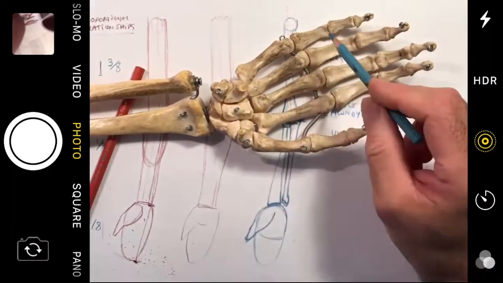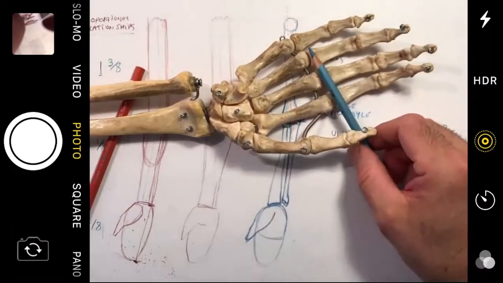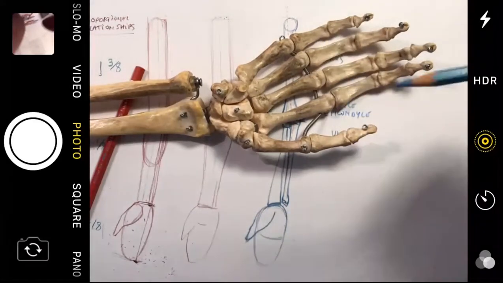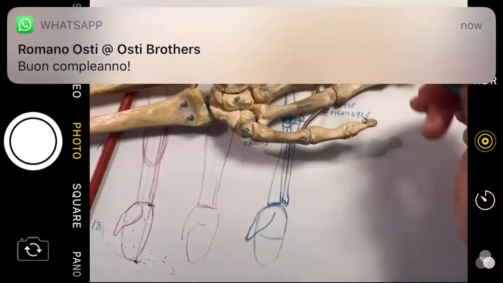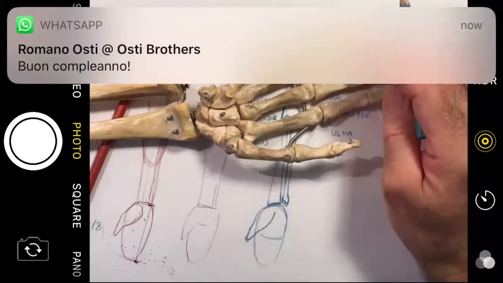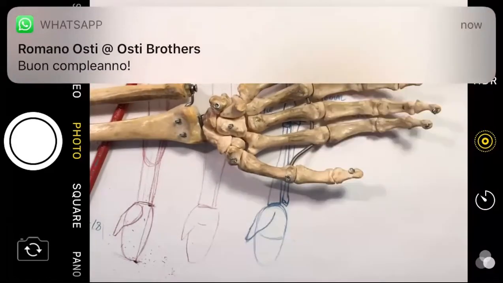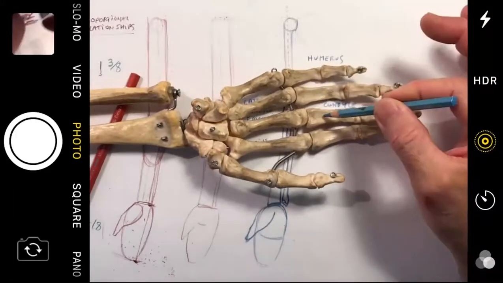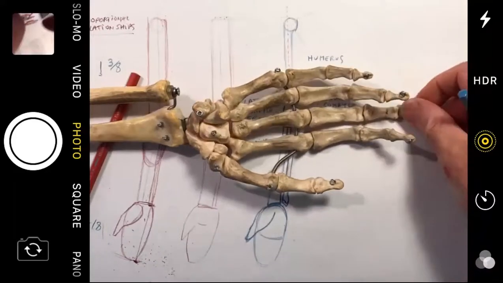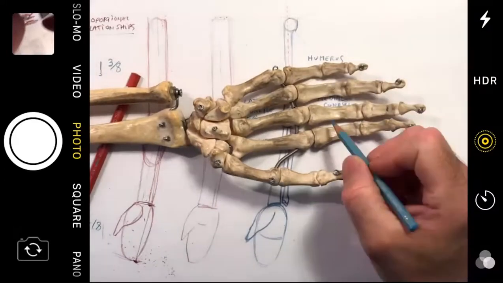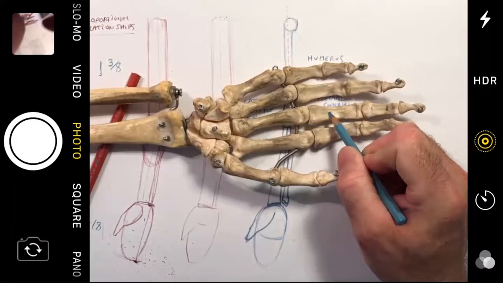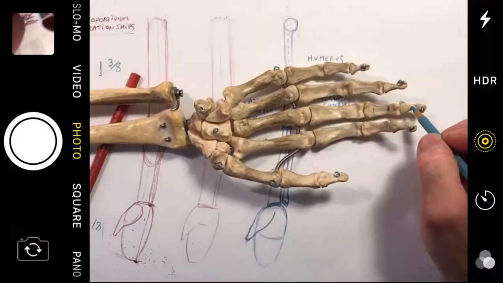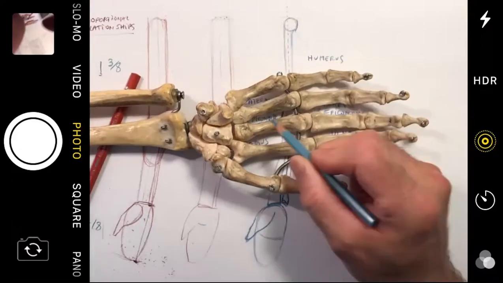And the fingers are going to be divided in phalanxes, right? They are going to be divided in segments. So proximal phalanx, medial phalanx, distal phalanx, okay? So the one close to the hand, the one in the middle, and the one distal.